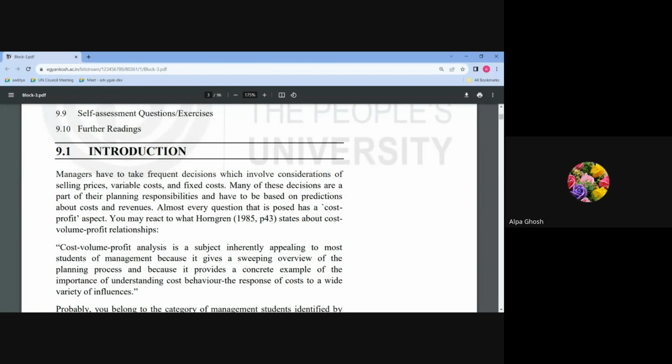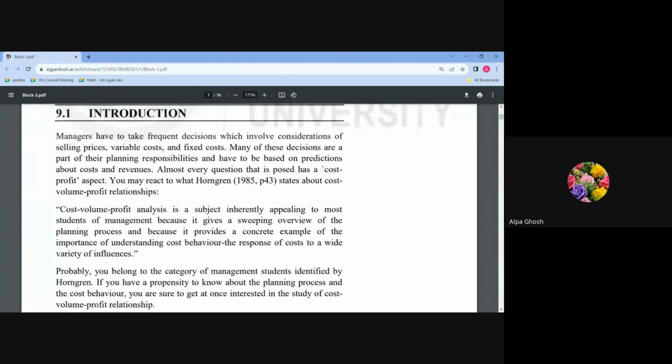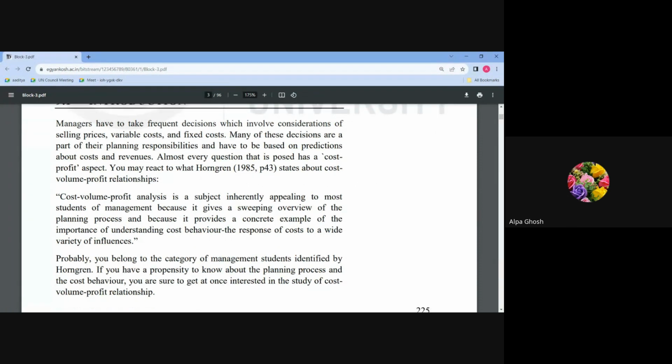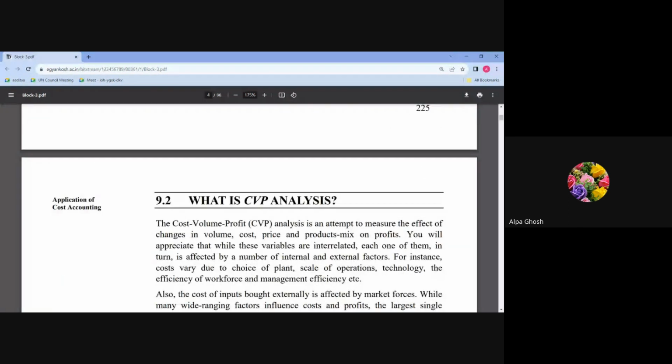What is selling price, what is variable cost, what is fixed cost. So in order to quote a price, we need to find out the variable cost and the fixed cost incurred in the production. When we try to do a cost volume profit analysis, we need to measure the effect of changes in volume, cost, price, and product mix on profits.